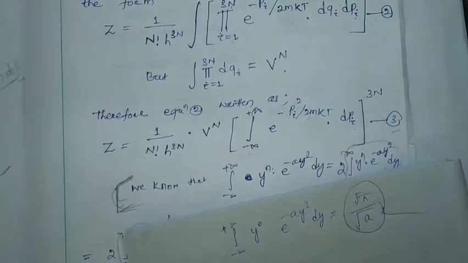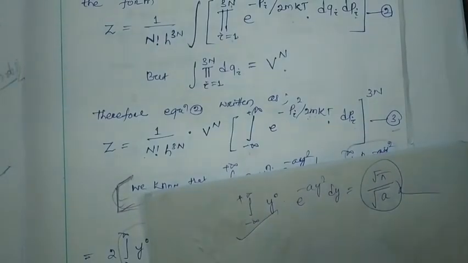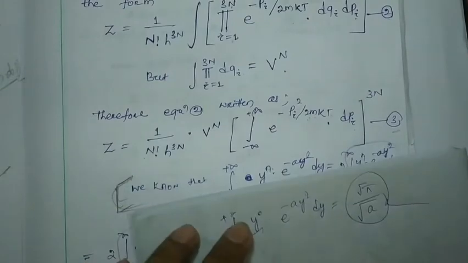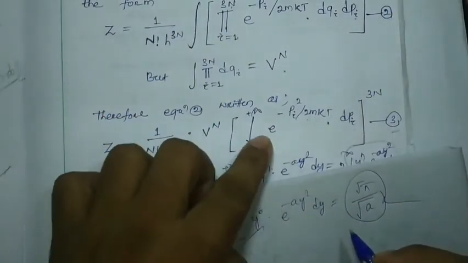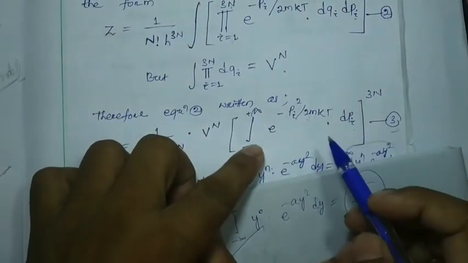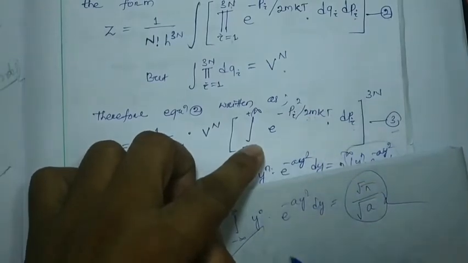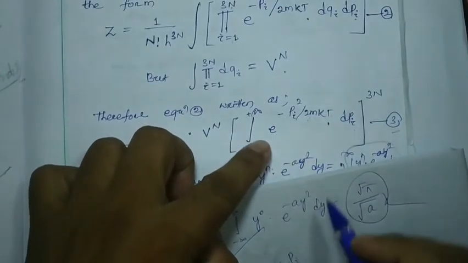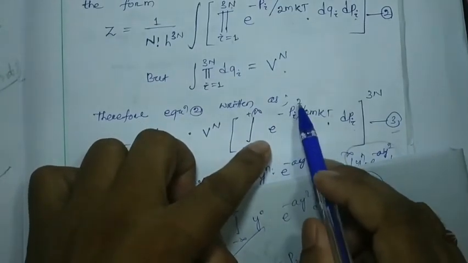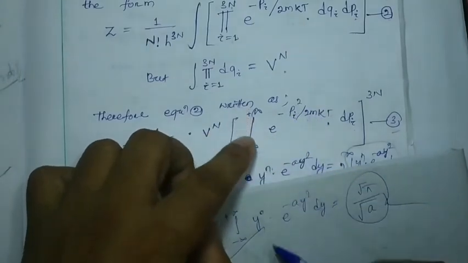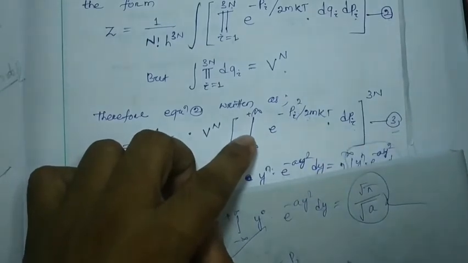Now we are going to use this integral value by considering here your integral. If we compare this one and this one, here p square is there, y square is here. So here y is equivalent to p, right?